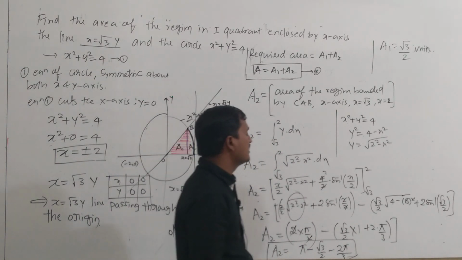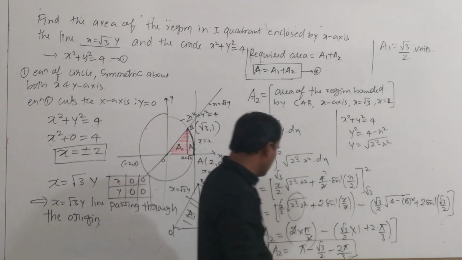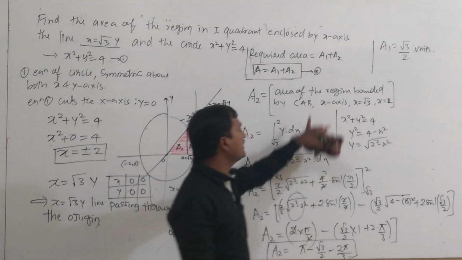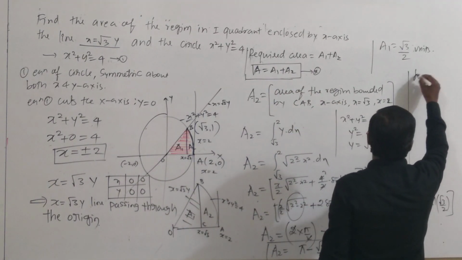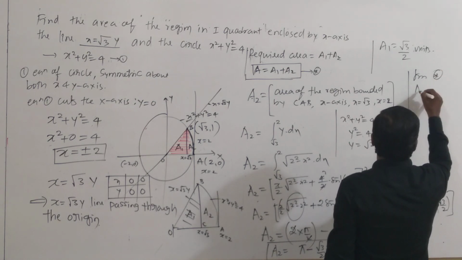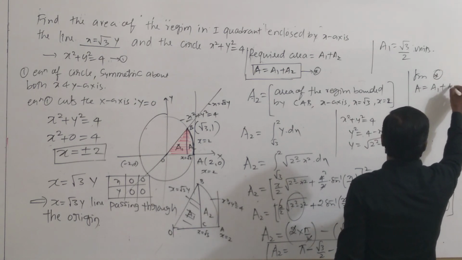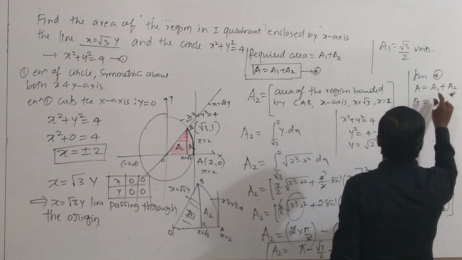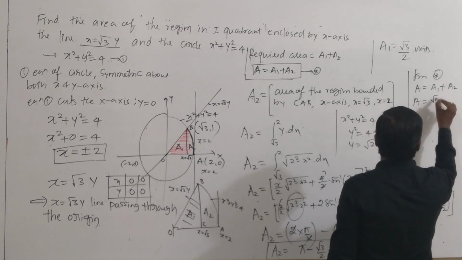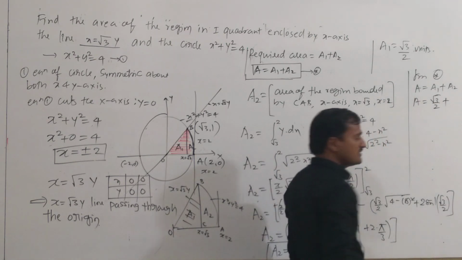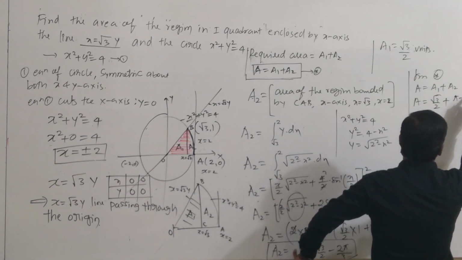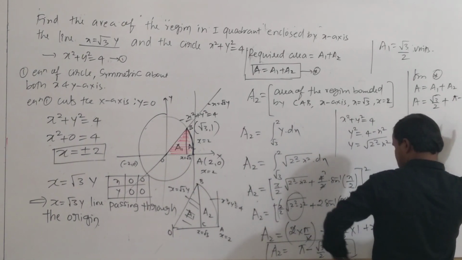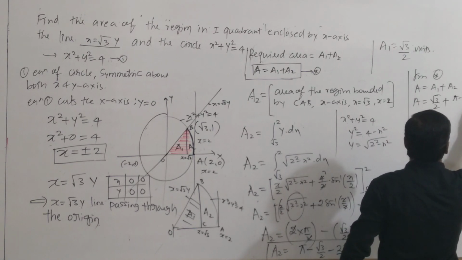Okay, next. Now we have to substitute the value of a2 and a1 in star. So from star, a is equal to a1 plus a2. What is the value of a1? That is root 3 by 2 plus, what is the value of a2? That is pi minus root 3 by 2 minus 2 pi by 3, right?